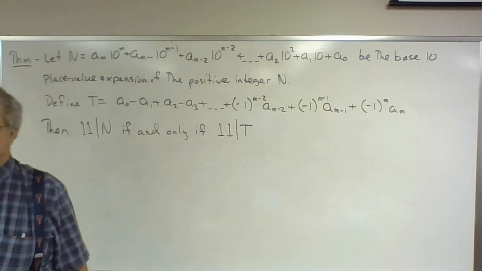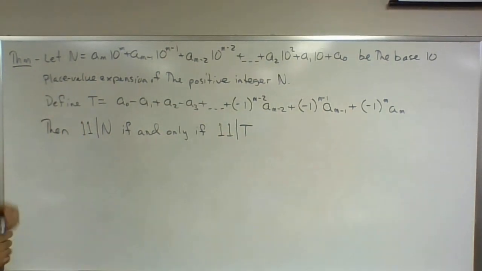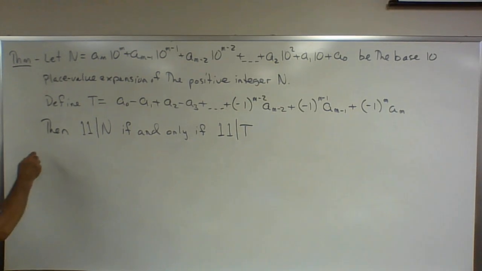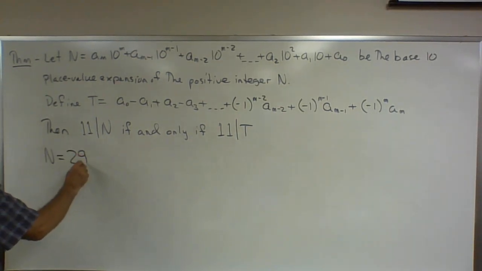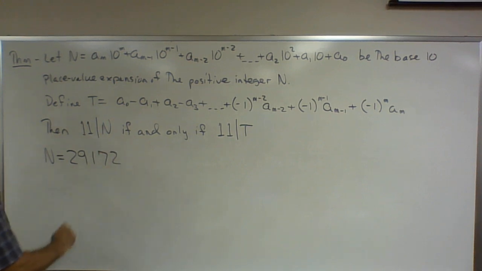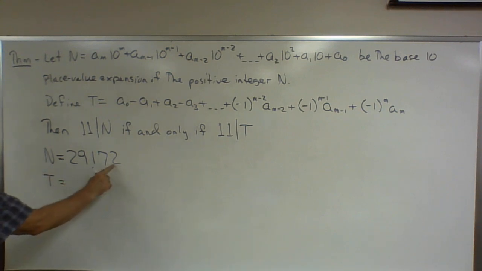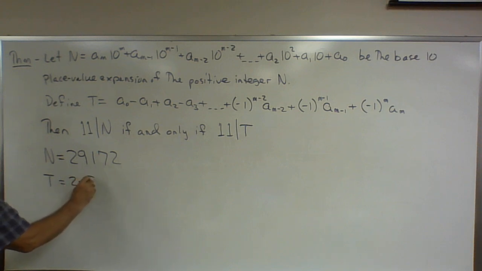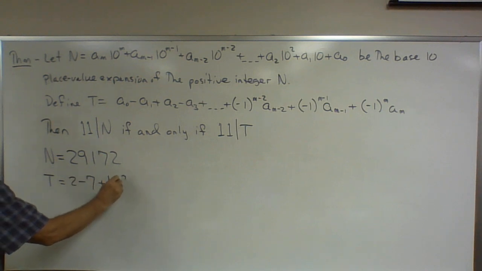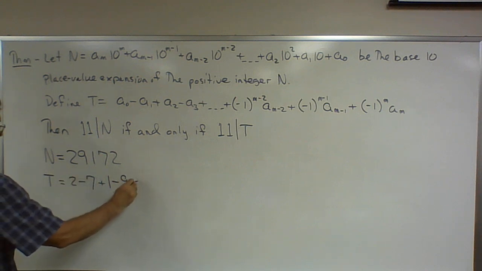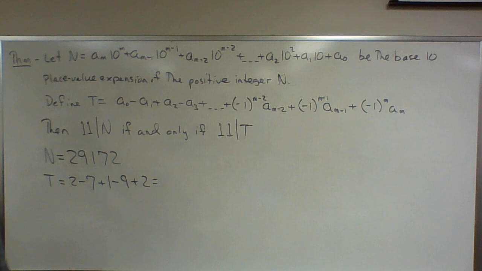Let's try that. Let's look at an example. Let's take N equal 29,172, and T, let's see, we start with the ones digit, subtract the next, add the next, subtract the next, add the next, and what do we get?